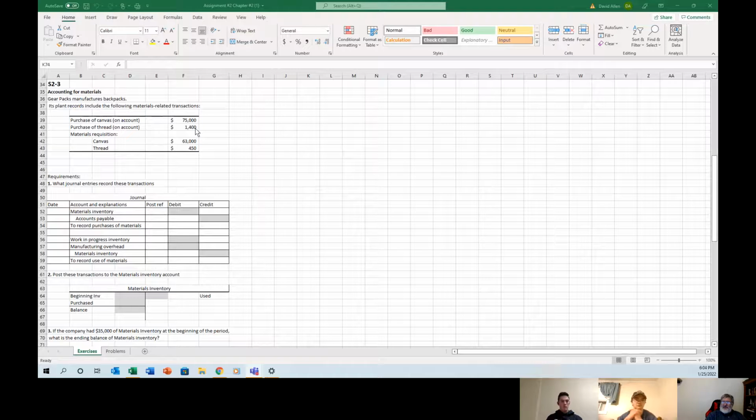But one of the first things we need to look at, what were we looking at last week? What were the big things? We were looking at, is it a direct material or an indirect material, right? If we're making backpacks, these backpacks are made out of canvas, okay? So if I've purchased material, these two items are going to go together in my material inventory, right? Because I've purchased the material.